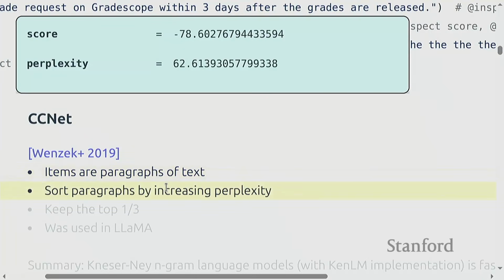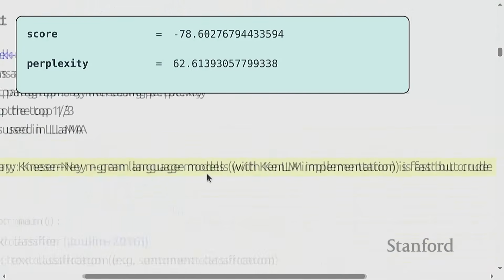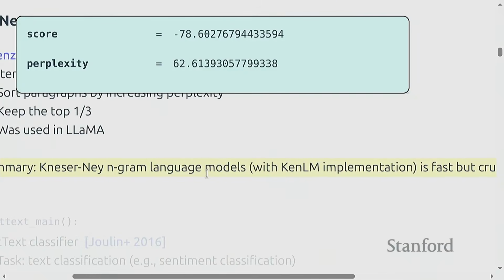They sorted paragraphs by increasing perplexity and just kept the top third. This is what they used to create the first LLaMA dataset. Okay, so this is heuristic, but if you had to write down something really quickly, this kind of makes sense. So n-gram language modeling is fast, but it's crude.